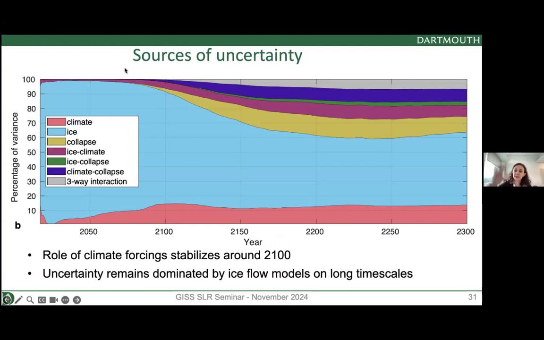Initially, things are completely dominated by the choice of ice model, and that remains the case with more than half of the uncertainty coming from the choice of ice model, even by 2300. So if we were hoping that maybe after a while, the choice of ice models and these limitations don't matter, well, unfortunately, it matters for a really long time.